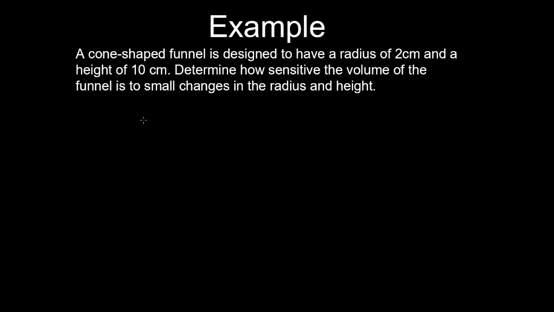A cone-shaped funnel, so it'll have a small hole in it, is designed to have a radius of 2 centimeters and a height of 10 centimeters. Determine how sensitive the volume of the funnel is to small changes in the radius and height.